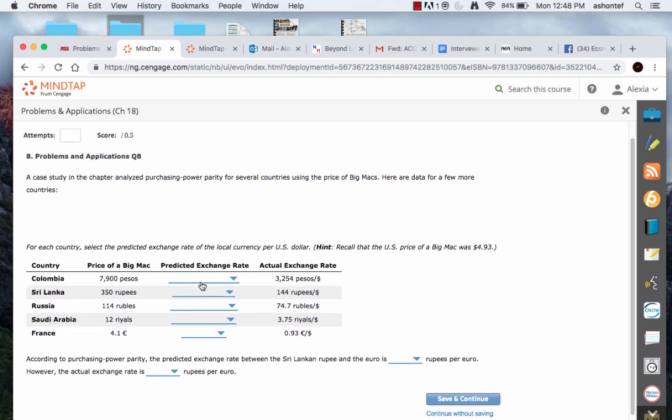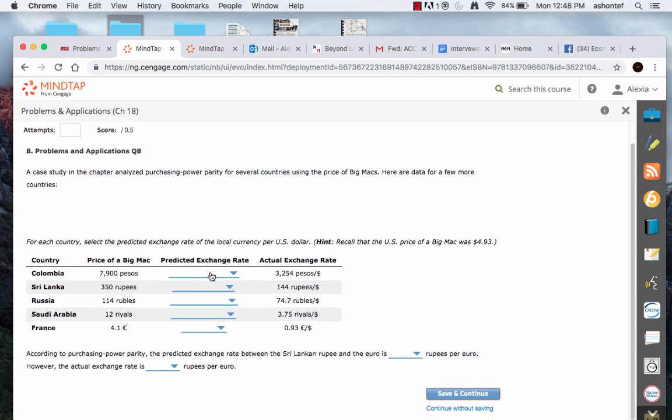Here is another formula that we can use to find the predicted exchange rate. The interesting little fact is that it's not uncommon to use the price of a Big Mac throughout the world as a sense of what's going on with exchange rates.